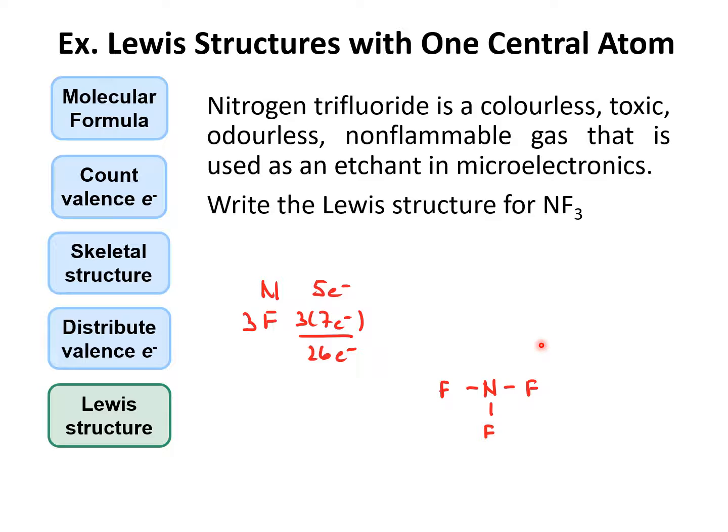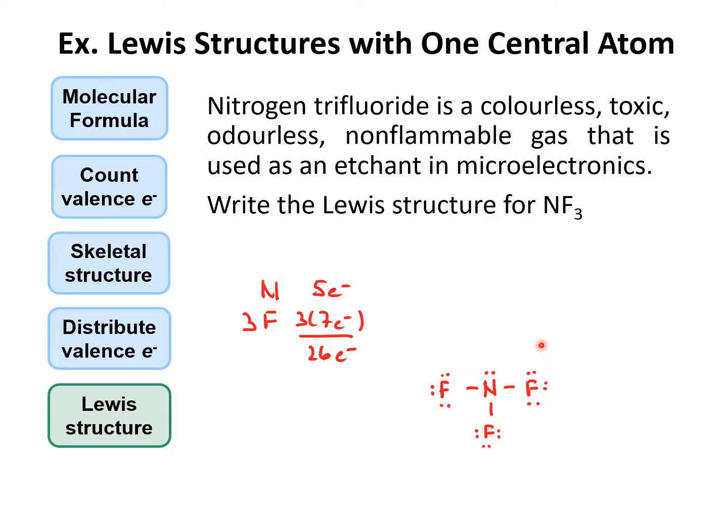Now we have to add lone pair electrons to our molecule, and we first place those on the terminal atoms, giving us 8, 10, 12, 14, 16, 18, 20, 22, 24 valence electrons, leaving us 2 valence electrons left to distribute. And we place these valence electrons on the central atom. In this case, it is nitrogen.